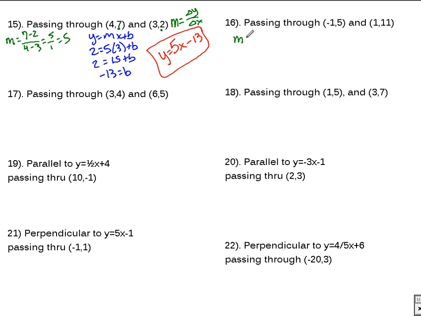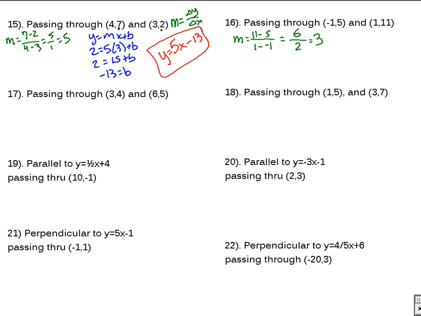First for slope. Y's on top. Remember, it's y's over run, y's over x's. So I'm going to do 11 minus 5, because that's easier, 11 minus 5. I better go in the same order here, though. 1 minus negative 1. Careful with your negatives. Your top becomes 6, minus negative becomes plus positive, so that's 2, which means your slope is 3.